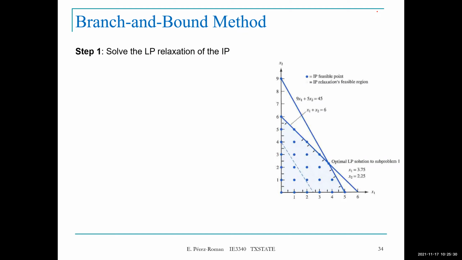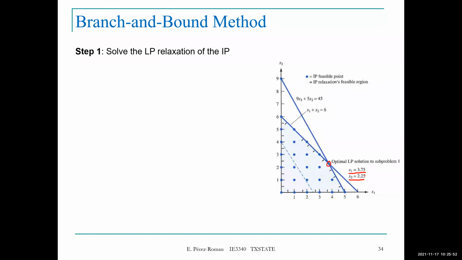And if we solve the problem using the graphical method for the linear programming case, we can find an optimal solution. That is this point. And as you can see, that optimal solution is fractional.